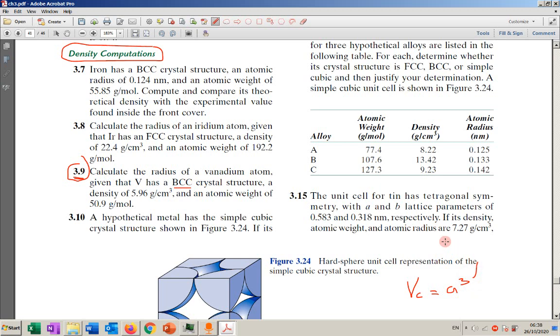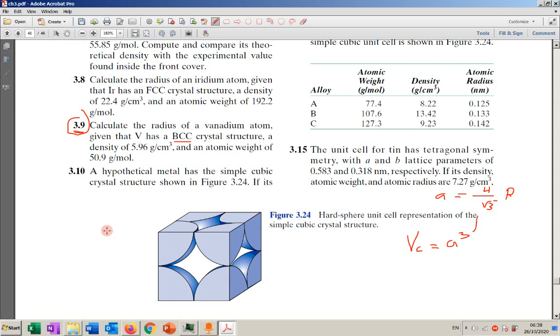Since it is BCC, we know a is equal to 4 over root 3 R. So if I have the volume, I can calculate R from the volume. This is what we have to do.